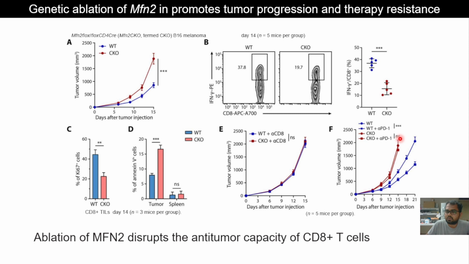But in knockout, the tumor volume is high, and when they gave anti-PD1 therapy, it is not working, which suggests that the ablation of MFN2 increases tumor progression because of non-functional or reduced function of the CD8 T cells, and this also has an impact on anti-PD1 therapy.